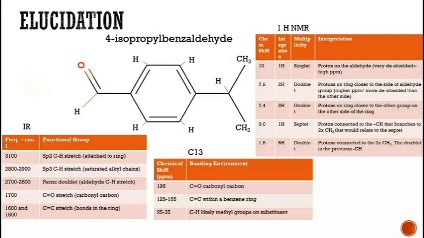Okay, so to finally elucidate our molecule, we can see that it will be 4-isopropyl benzaldehyde. So let's double check through all of our spectral analysis if everything's making sense. From the IR spectral analysis, we had noticed that there was going to be an aldehyde group, which we see right here.